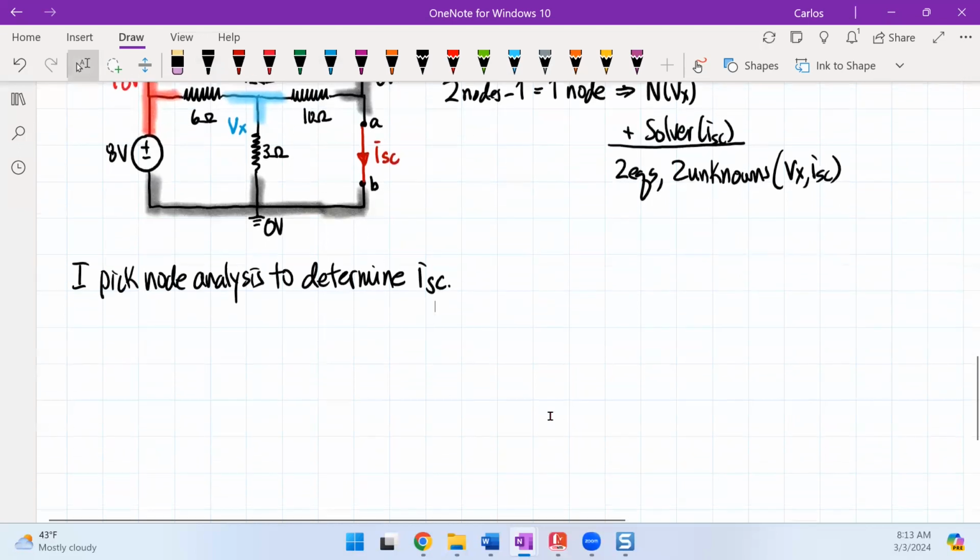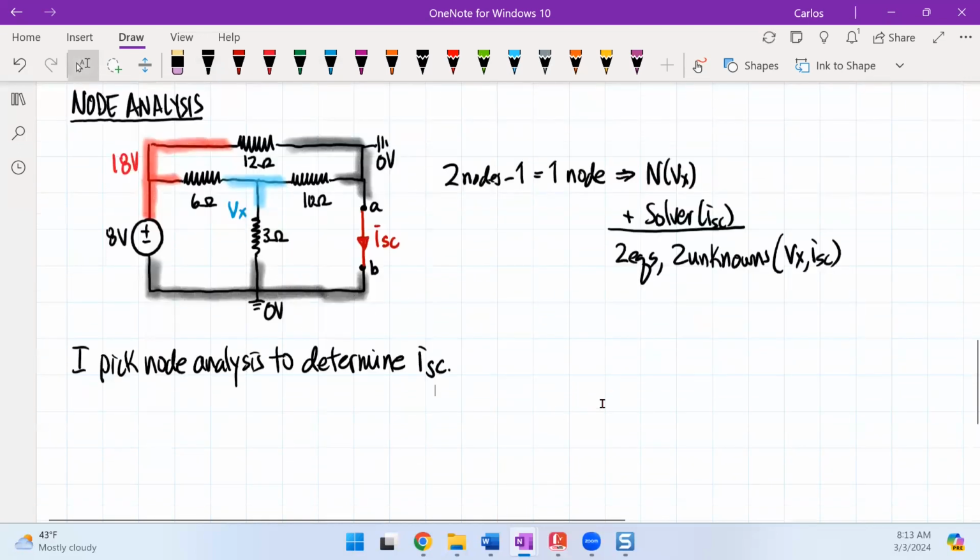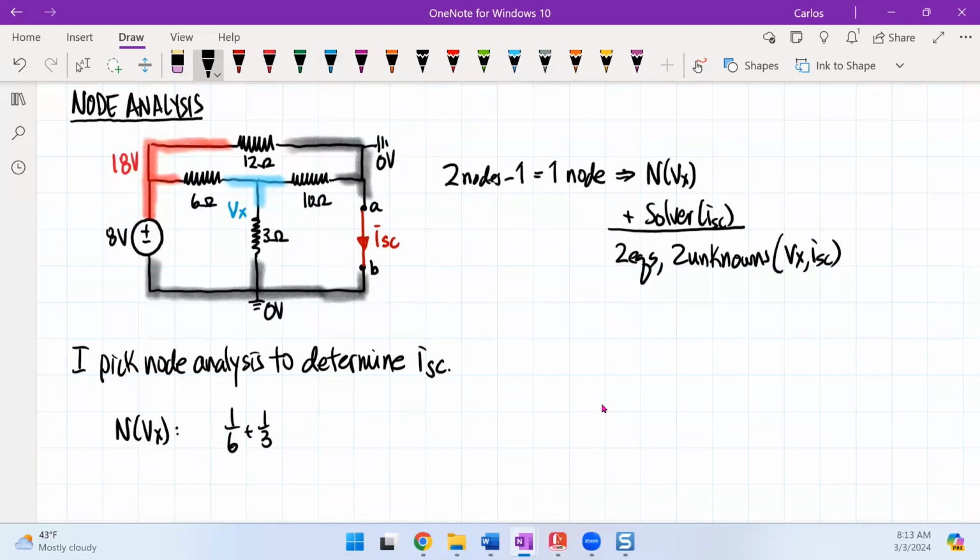So the first thing I need to do is that I see that my node Vx, I have three resistors connected. So I'm going to have 1/6, 1/3, and 1/10. And that's going to be Vx. Now I'm going to look at mutuals. And you could see that the 10 and the 3 are connected to the ground. Only the 18 survives.